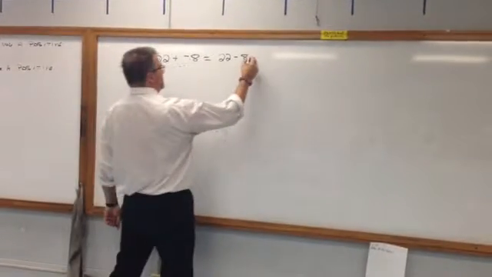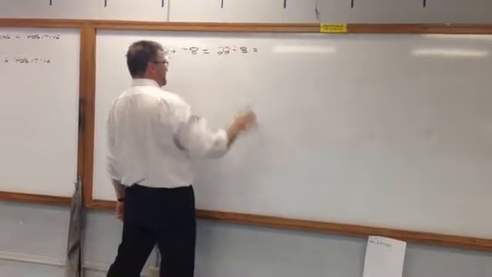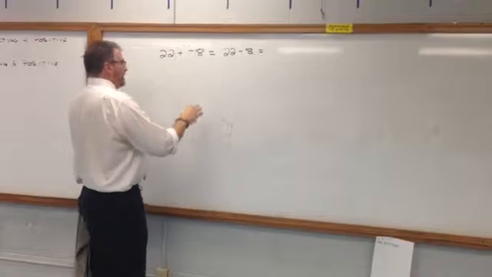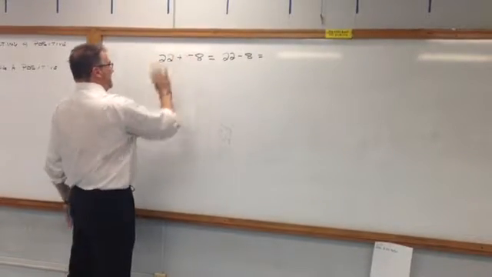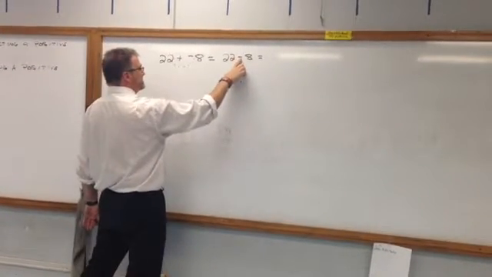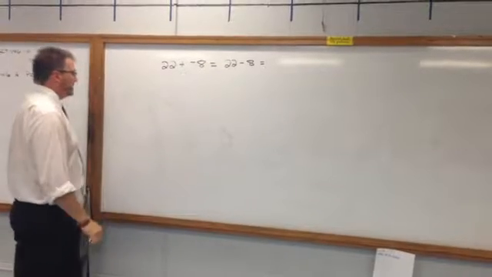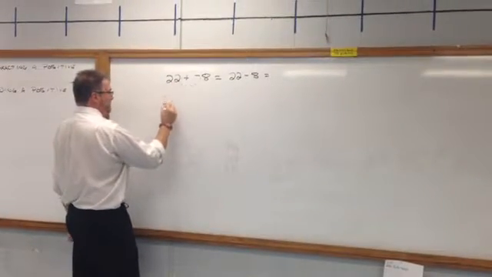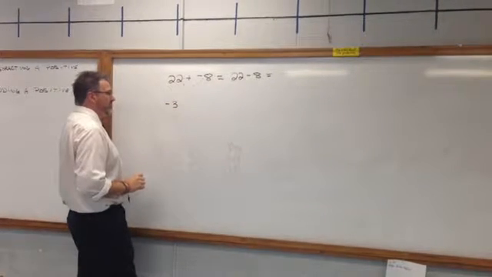And then you go ahead and you carry out your calculation to get your answer. All right? So plus a negative becomes simply subtraction. Okay? It doesn't matter the first number, whether it's positive or negative.